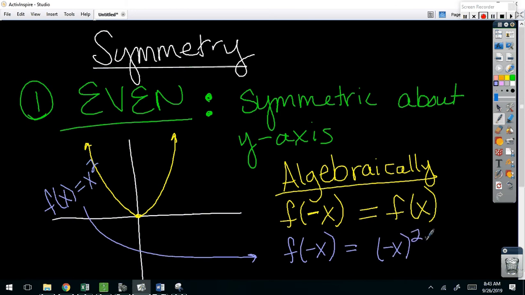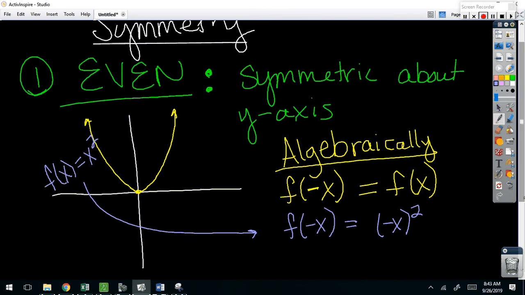What happens when you square a negative number? It becomes positive, right? So look what happens. It gives you back the same thing. If you come back to the same thing, then that tells you it's an even function.